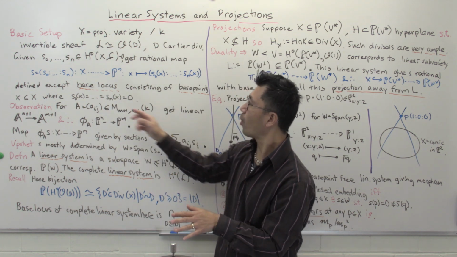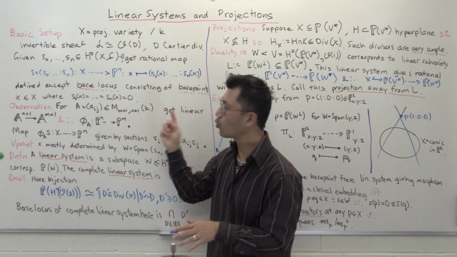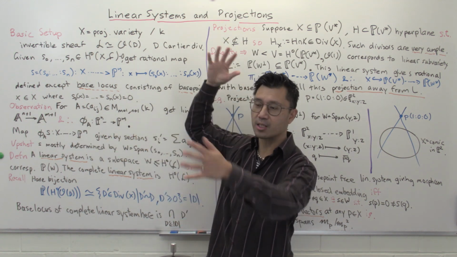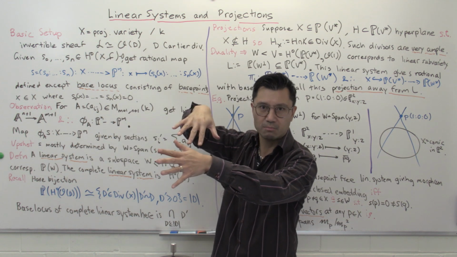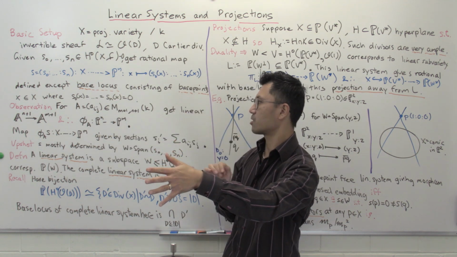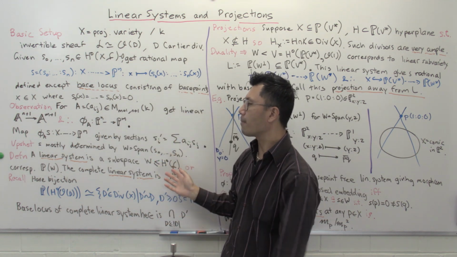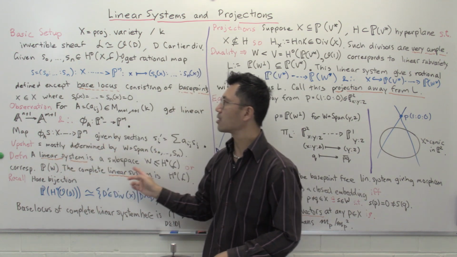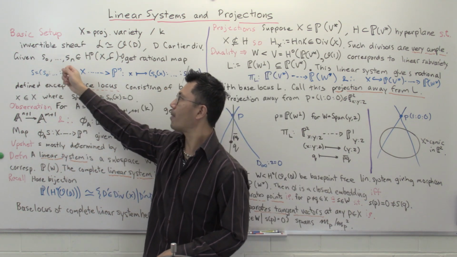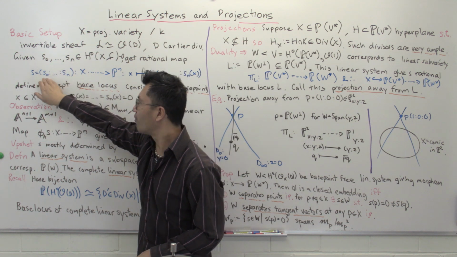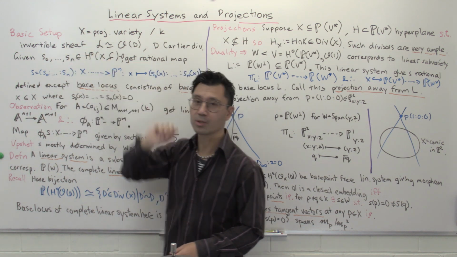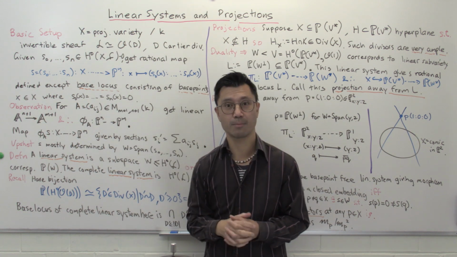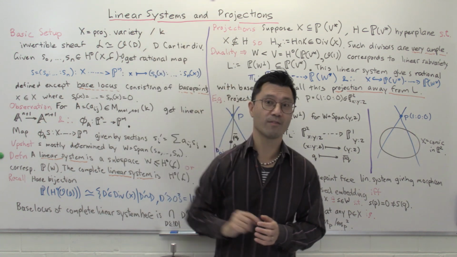Okay, and then what is this new map when you do that change of coordinates is that means that you map into this Pn, but that Pn sits inside some bigger projective space. Okay, so that's all you've done. Okay, so really the map is more or less the same. So often when we study these linear systems, we don't really care so much about the individual elements inside here, the individual global sections, but rather the space spanned by it. And that gives us the notion of a linear system.